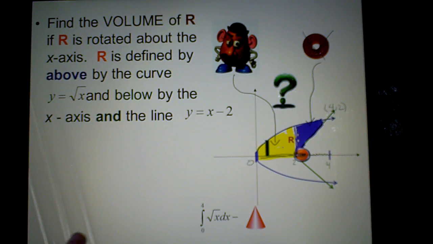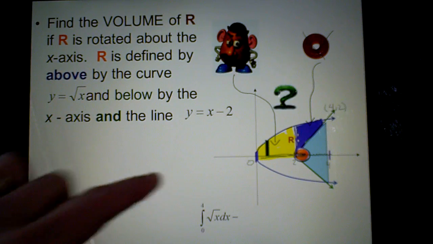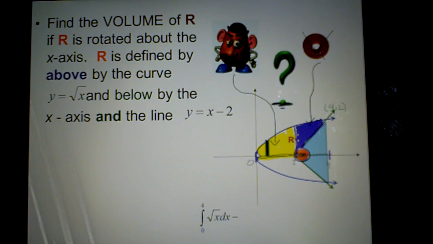Let me do that again. I'm going to pull that back. Right? Going from 0 to 4. So pretending that I'm all the way against the x-axis, from 0 all the way to 4, which is a total potato chip problem using root x, and then subtracting out the cone.